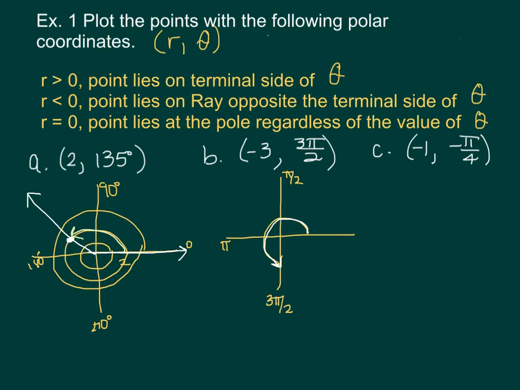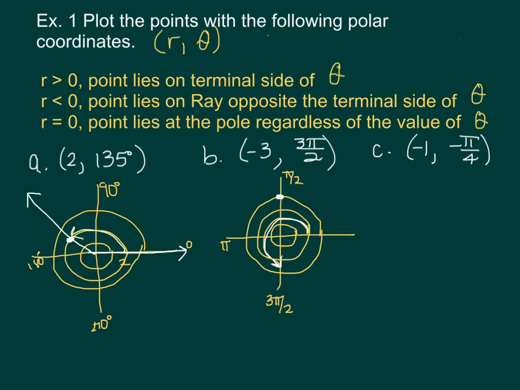And then since our r is negative, let me draw my circles. So we have 1, 2, 3. All right, since r is negative, it's going to lie opposite the terminal side. So instead of it being here, we're going to put it here. And that's the point -3, 3 pi over 2.